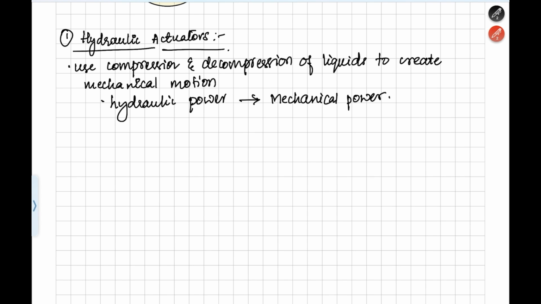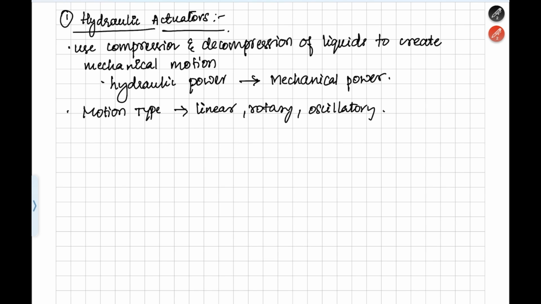The motion type here could be linear, rotary, or oscillatory. One of the key features is that due to the incompressibility of liquids, hydraulic actuators are capable of exerting significant force.